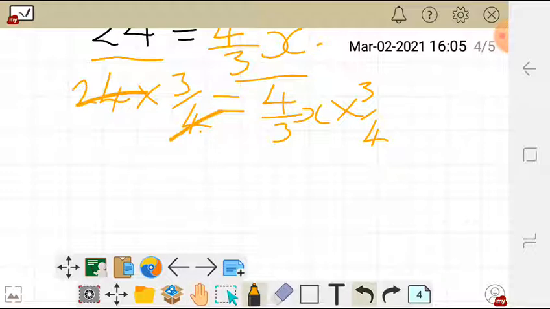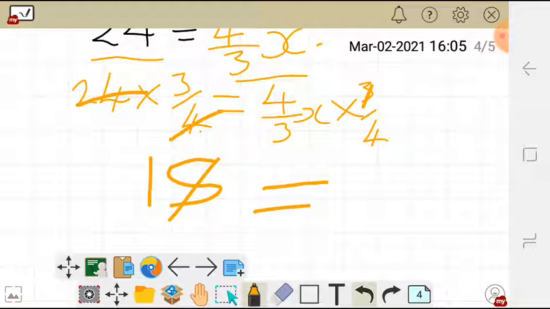Here, 4 into 24 we have 6, and 6 times 3 is going to be 18, is equal to x, because these ones will go and you remain with x here. So our x is 18. The value of x is 18. So that's how to solve direct variation.